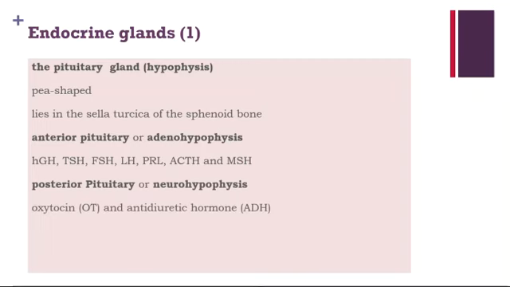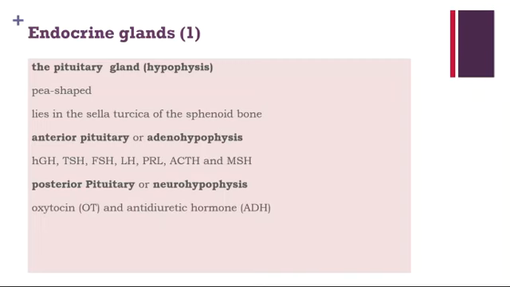5 types of anterior pituitary cells secrete 7 major hormones. Although the posterior pituitary gland does not synthesize hormones, it does store and release 2 hormones, oxytocin or OT and antidiuretic hormone or ADH, also called vasopressin.